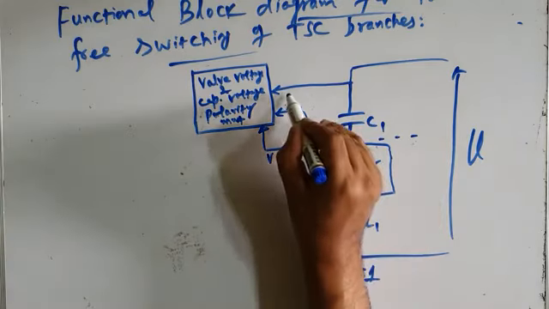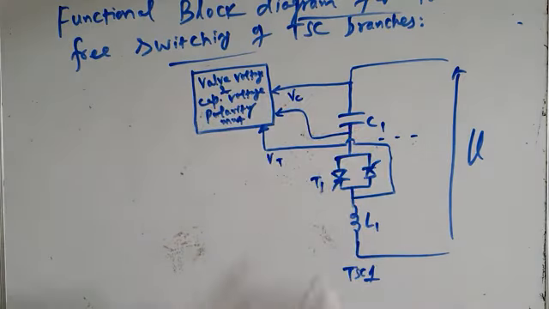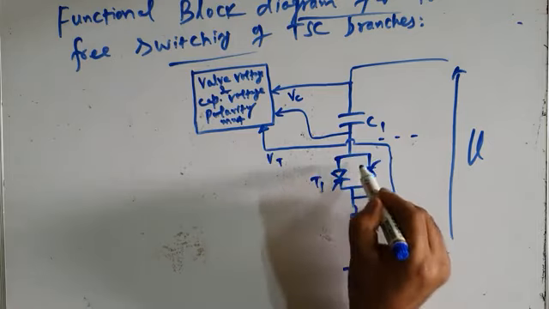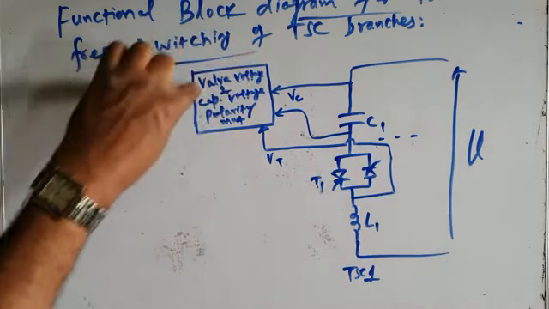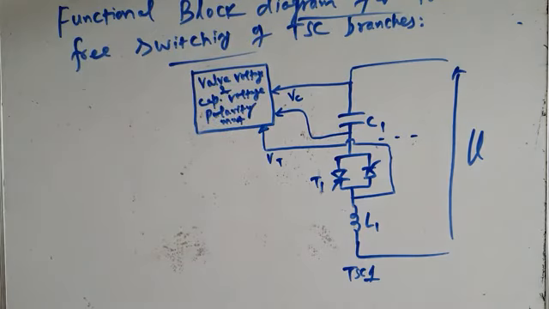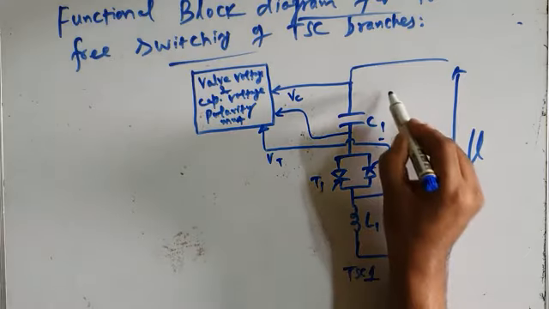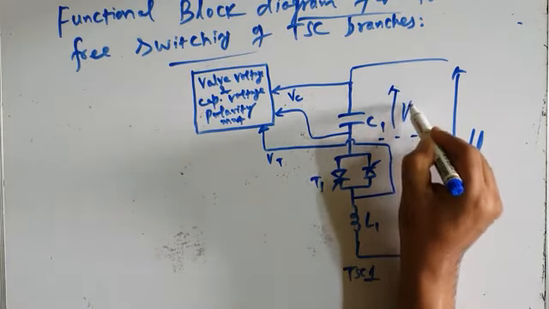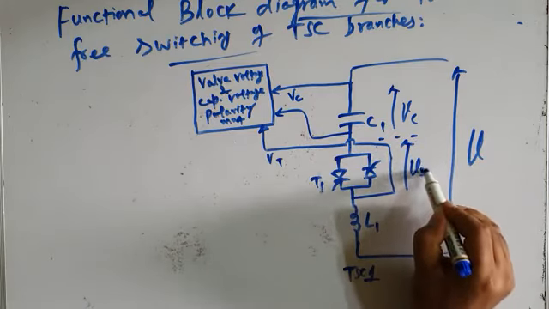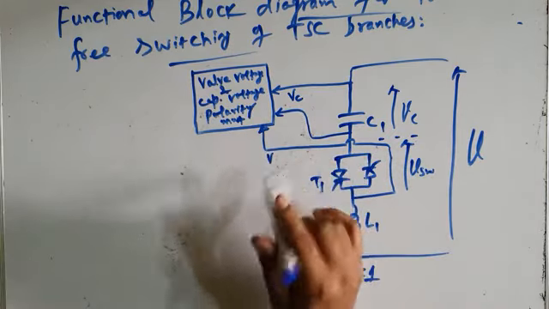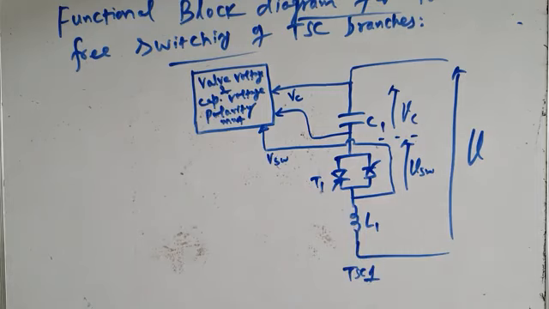Okay, this senses the capacitor voltage Vc, and this sensor senses the voltage across the thyristor valve Vt. And these two pieces of information are given to this block. Okay, then this is capacitor voltage Vc, and this is switch voltage VSW. Let us call this, instead of Vt, VSW, the switch voltage. SW means switch, the voltage across the switch.